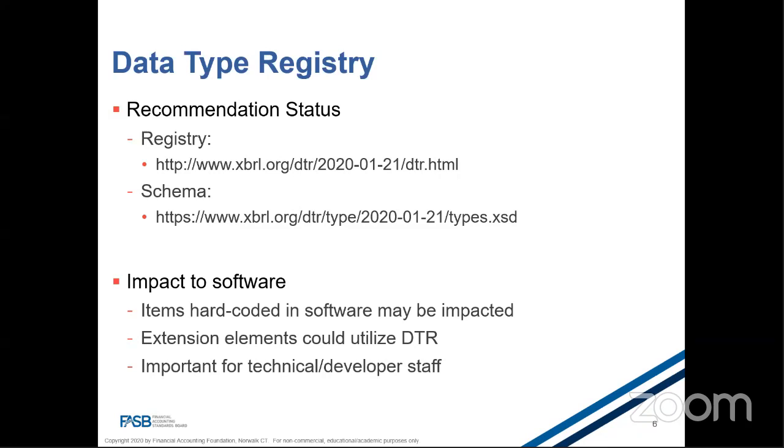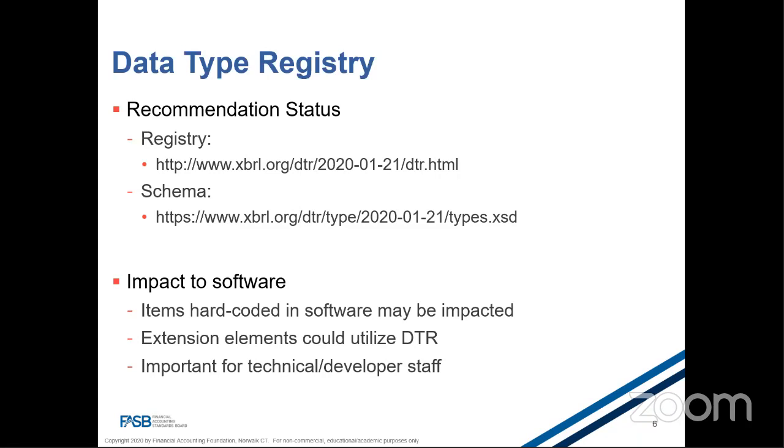This is the part I want to stress really hard to the service providers: this can have an impact to your software. If you have information hard-coded, it may break when you roll over to the 2021 taxonomy. As we have our publishing platform that we use to publish our taxonomy, we run into issues of items hard-coded all the time that we have to address.